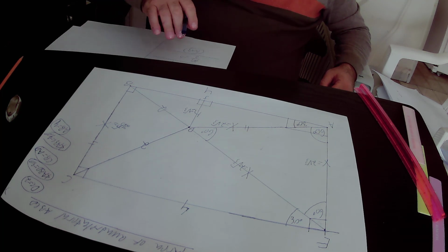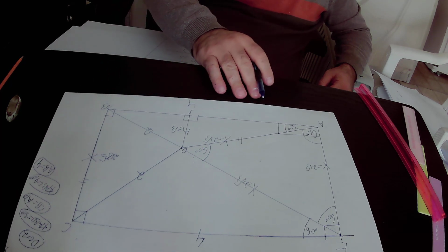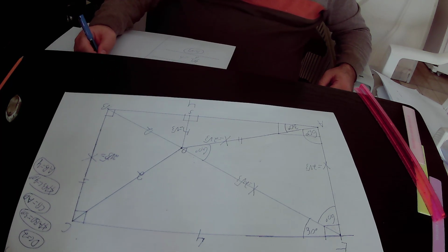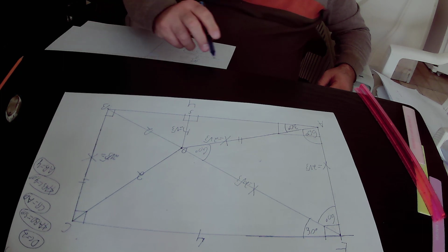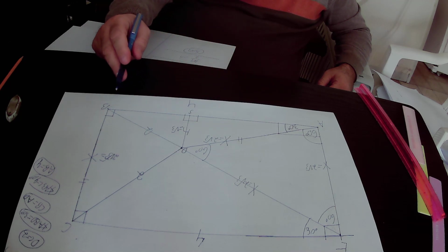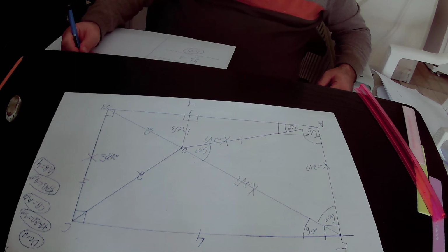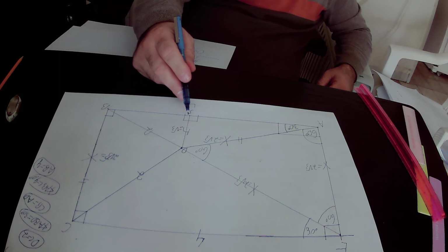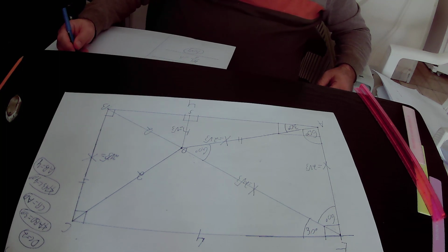Now we can easily find out the area of triangle ADB. The area of triangle ADB will be equal to the base of the triangle, that is actually AB, times the height to the base, that is h, over 2.